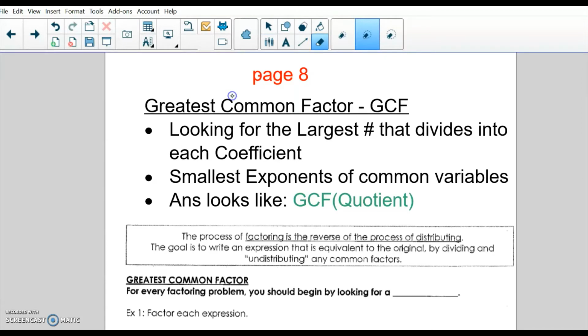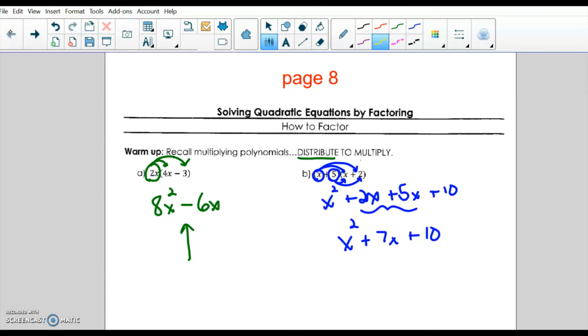So we will. Greatest common factor, otherwise known as the GCF. When we do so, we are looking for the largest number that divides into each coefficient, as well as the smallest exponent of common variables. And our answer will look like this. It'll have the GCF out in front of a parenthesis, which would be a quotient. Now, if you remember what I was just saying back on the previous screen, factoring is division. Okay? Division.